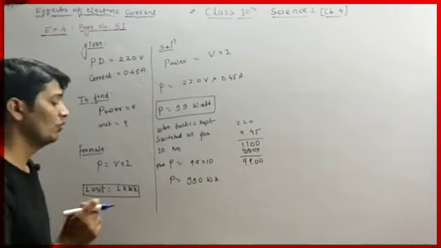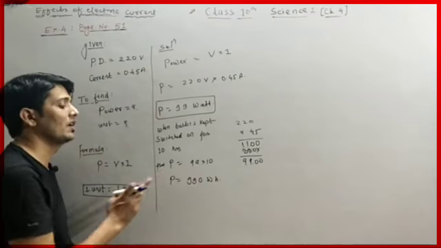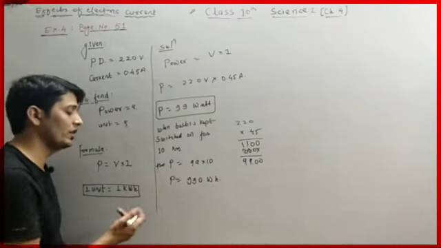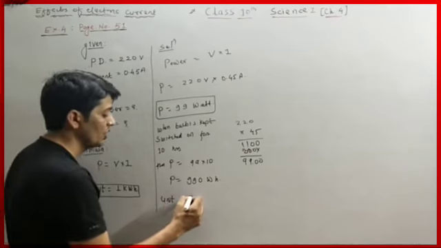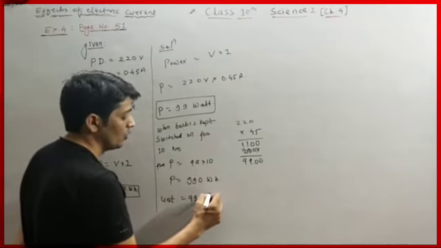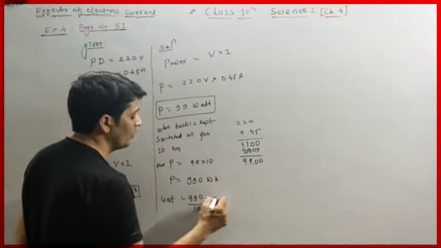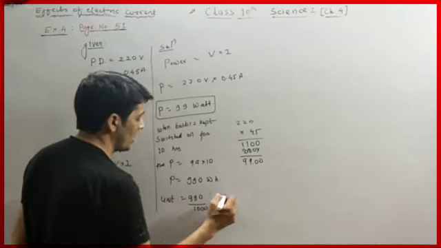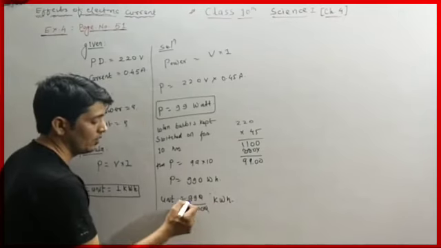Okay, so for calculating the unit, we have to convert this watt hour into kilowatt hour. So unit equals 990 divided by 1000. Then it will become kilowatt hour. Okay, so 0 and 0 will get cancelled and the point will come after 2.